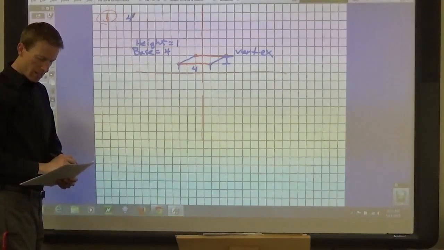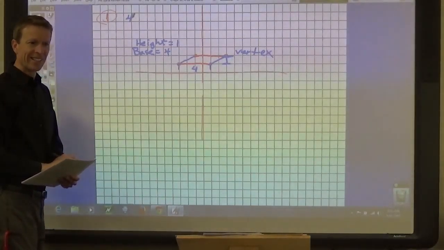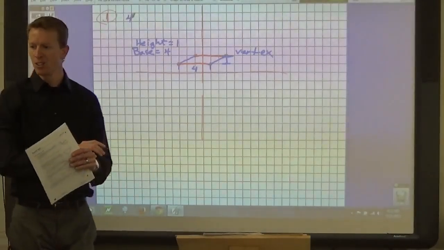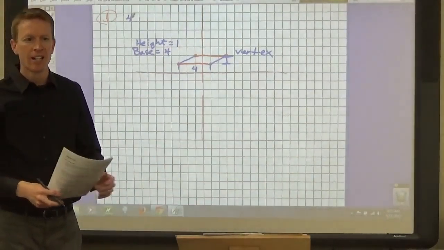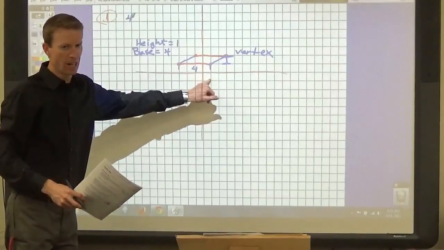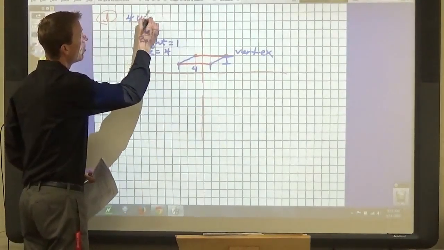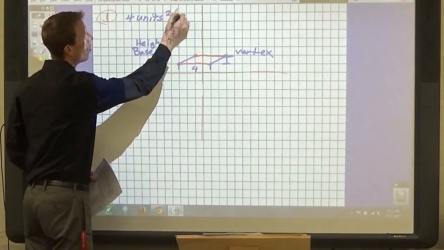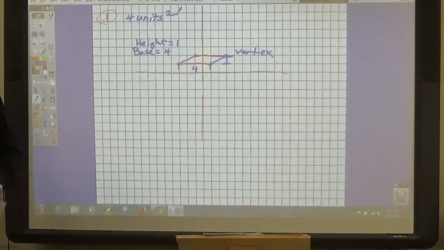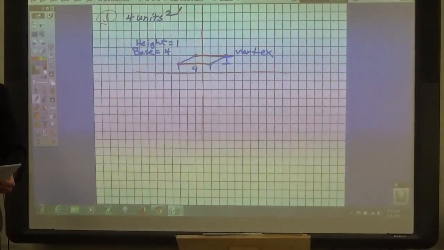Not centimeters. These are just regular units. In this case, it doesn't say 4 feet, 4 centimeters, 4 inches. It's just 4 units squared. Okay?